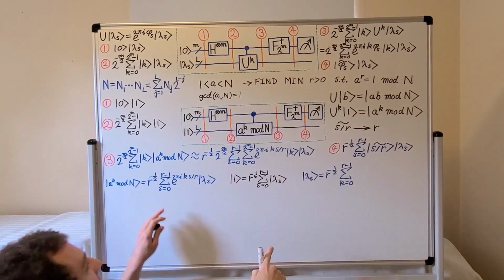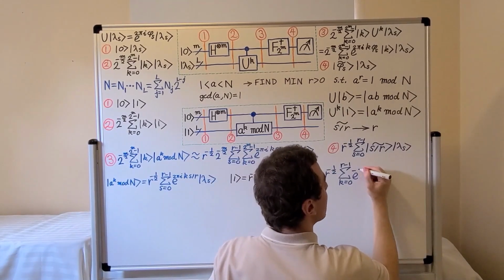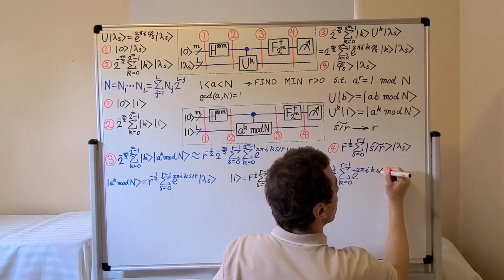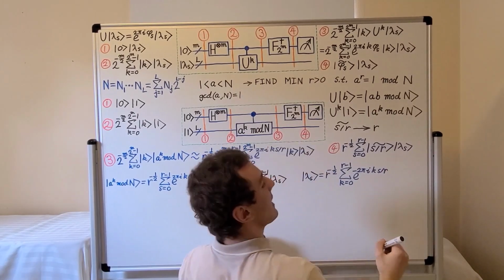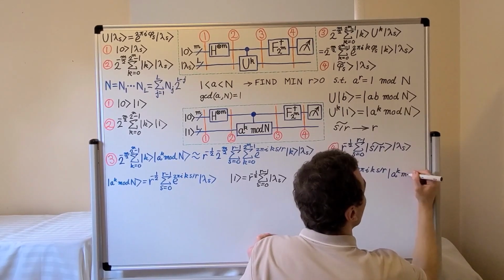So we're not using s now, we're using k. And then we're going to put a minus sign. Over here we're going to have minus 2 pi i k s on r. And then we're going to have the states a to the k mod n.